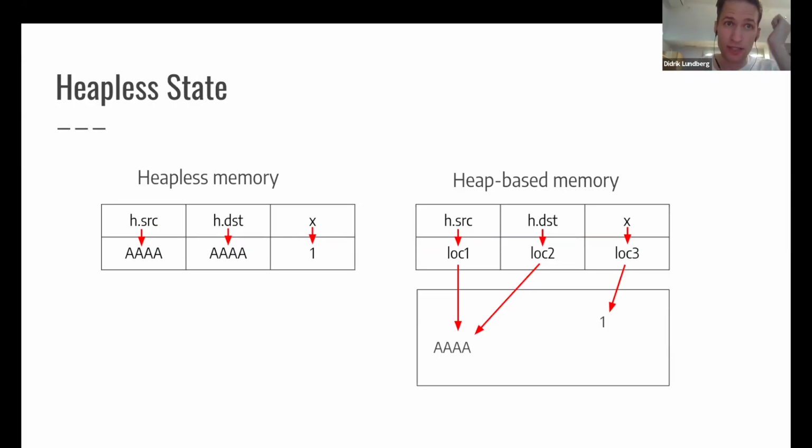So what we mean with this heapless style, to be extra clear, is that all variable names map directly to their values. In heap-based models, there's always an intermediate layer of memory locations. But since P4 lacks pointers, this additional layer is largely unnecessary.